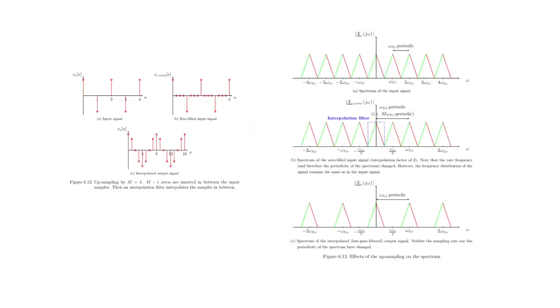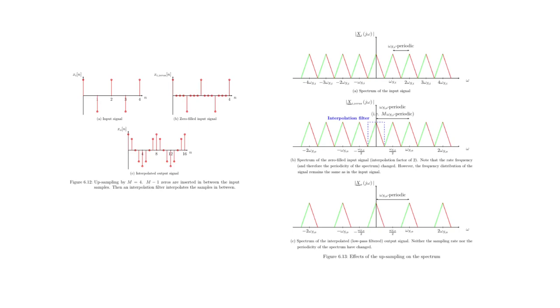So here we have our input signal with a low sampling rate, and the first step is filling here the holes between the samples with zeros.